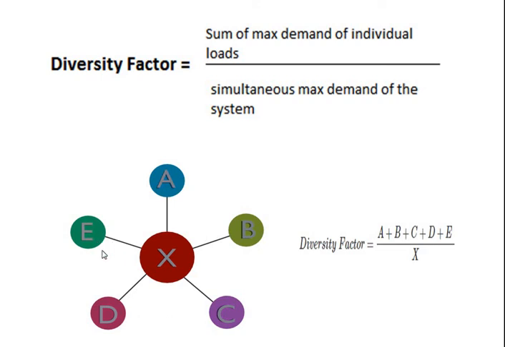So what happens? The simultaneous maximum demand of X substation, consider it as X only, okay? So diversity factor is equal to sum of maximum demand of individual loads to the simultaneous maximum demand of the system. So it will be A plus B plus C plus D plus E divided by X, which is greater than 1.